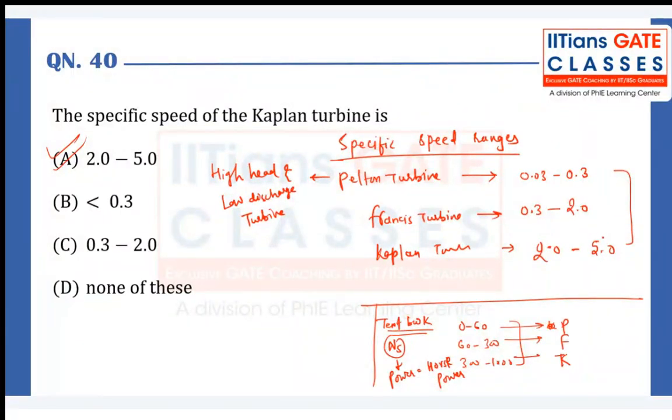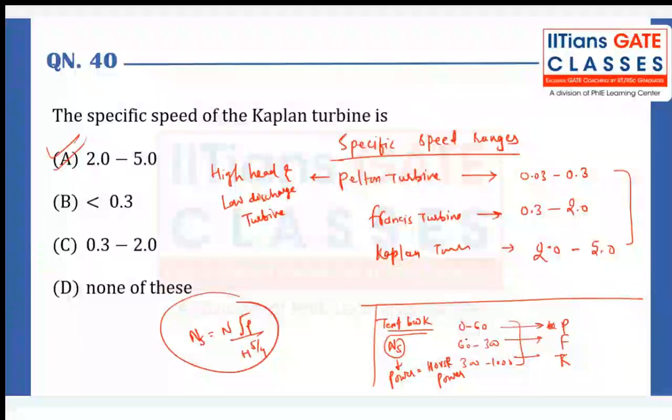The specific speed is N into root P divided by H to the power 5 by 4. This is the formula we have. Here we generally keep the P value in kilowatt. But the range they have given is for power in horsepower, not in watt. Understanding my point? So there you need to be a little bit careful.